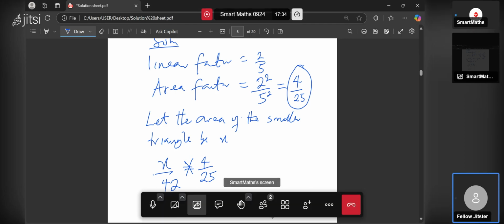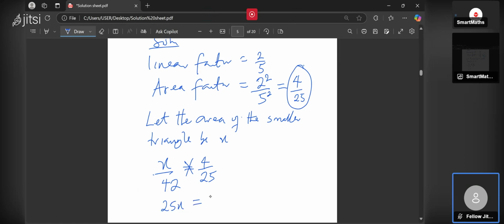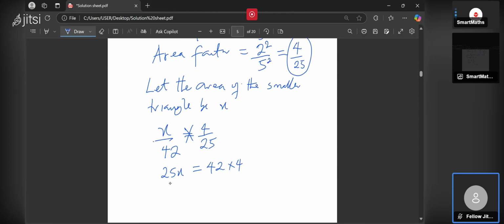All right, that's good. So that is x times 25, then 42 times 4. So we have 25x equals 168. Divide both sides by 25.